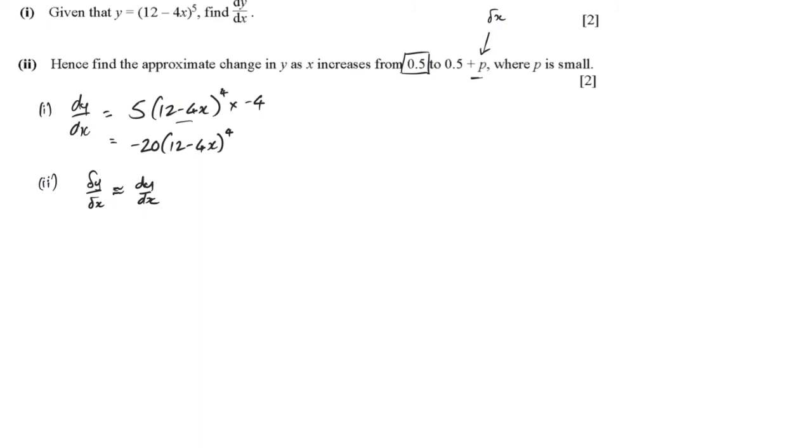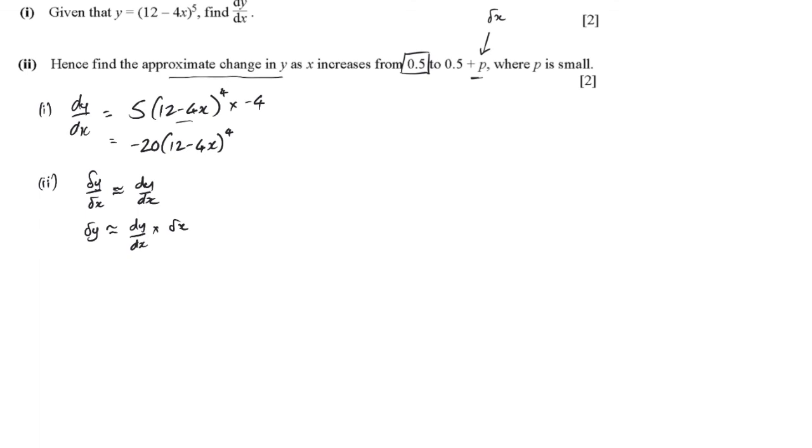So we're needing to find an approximate change in y as x increases. So we could actually just rearrange this and say that delta y is approximately equal to dy by dx times by this delta x. Remember, this dy by dx is only going to be valid at this certain value for x.